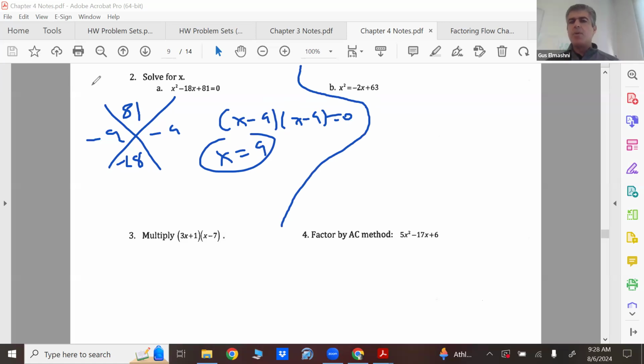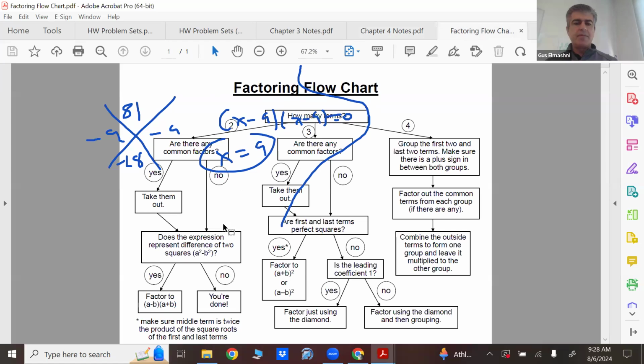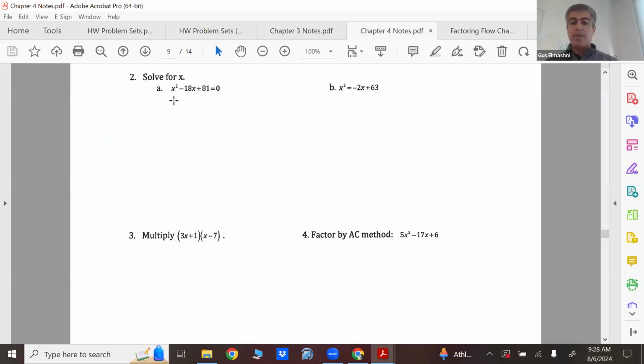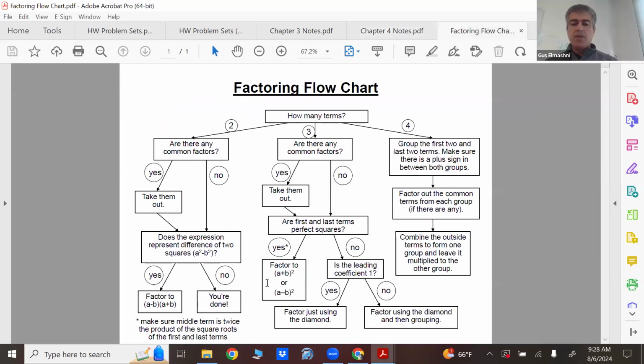Another thing I could have done too, I just realized it: were the first and last terms perfect squares? They were, right? 81 is a perfect square. X squared is a perfect square. So I could have just factored it more compactly as a minus b squared. And if you look at the little asterisk there, it says that you can do this process as long as the middle term is twice the product of the square roots of the first and last term.